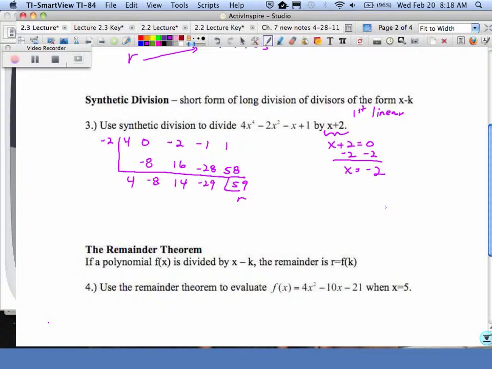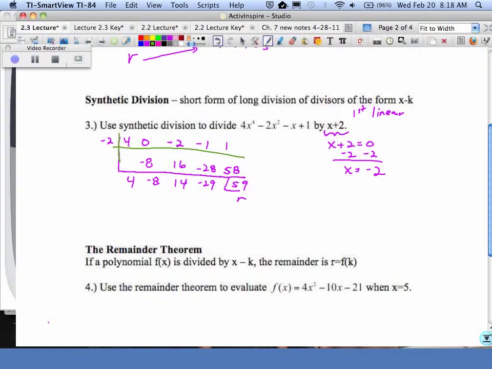Now there are different ways to draw up synthetic division. Some people just go like a T here. I don't really care how you do it.